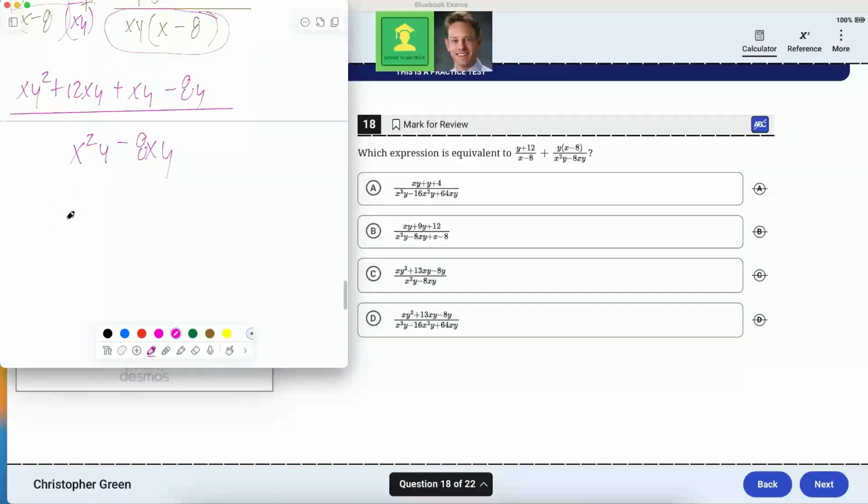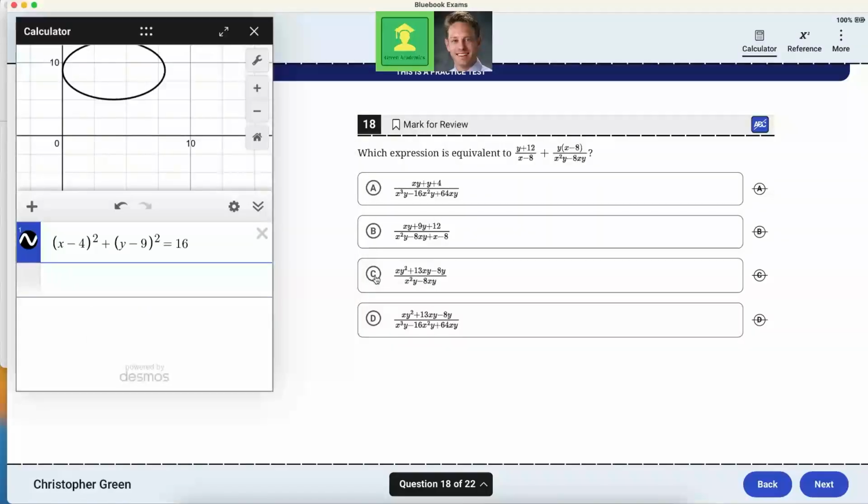And then if you clean up the top by combining like terms, sure, those two middle terms combine: xy squared plus 13xy minus 8y over x squared y minus 8xy. Get that 13 on the top. It looks like it's C as in cat, just confirming. Yes.